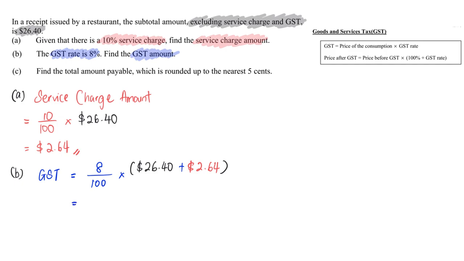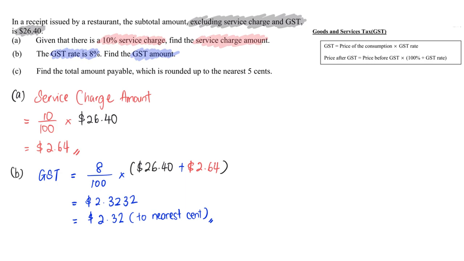And so this will give me a value of $2.3232. Final answer, $2.32, which is to the nearest cent. Okay, 2dp.